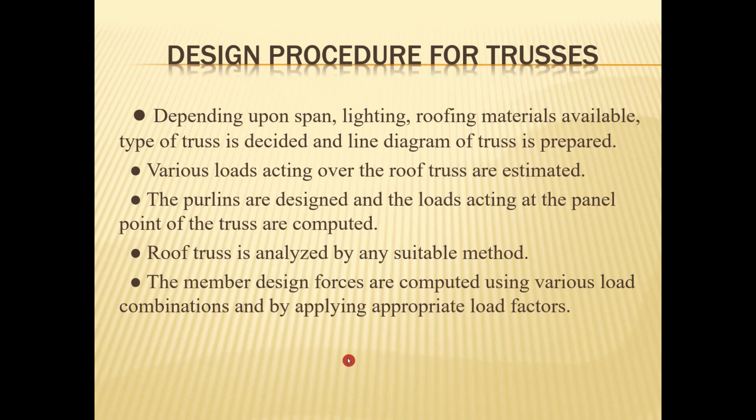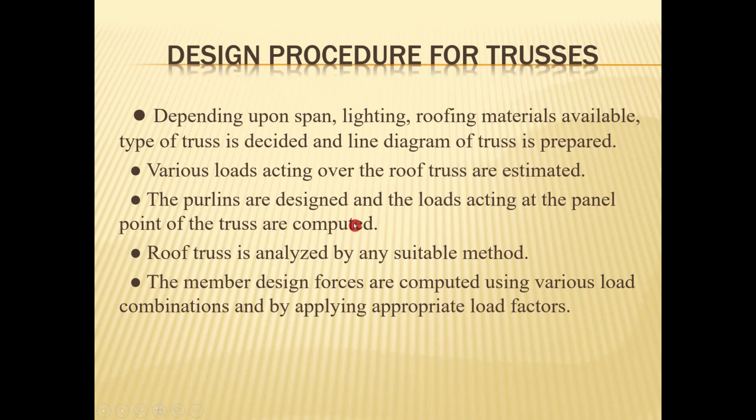To sum up the design procedure for trusses, it depends on the span, lighting, roofing materials available, and type of truss, which is decided based on all these factors. The line diagram showing what shape of truss is required is found out, and the various loads acting on the roofs are estimated.